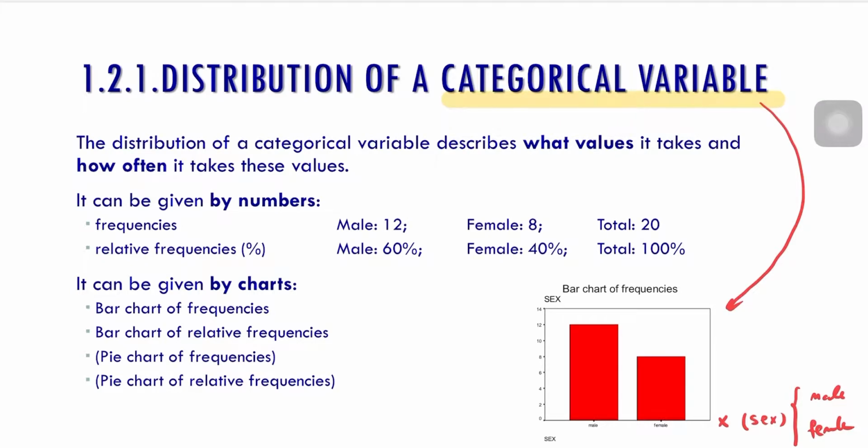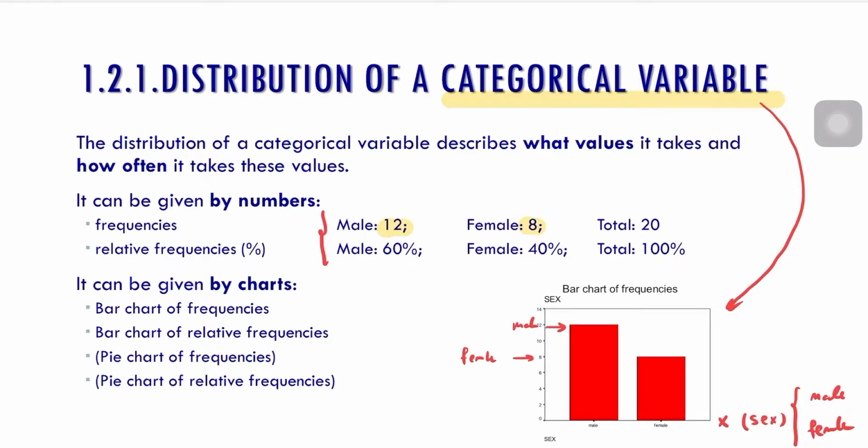But as you see in this table, we have 12 male and 8 female from the total 20. It is 12 for the male and 8 for the female.